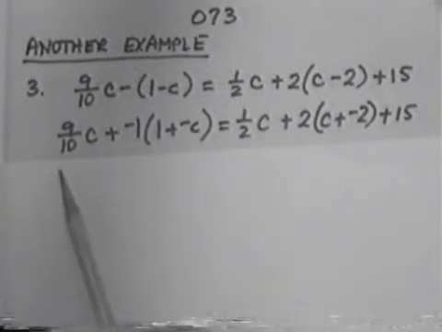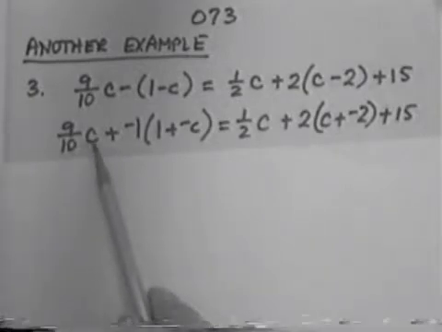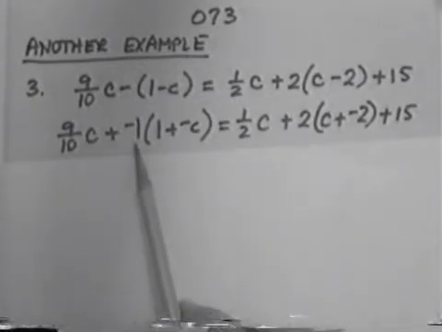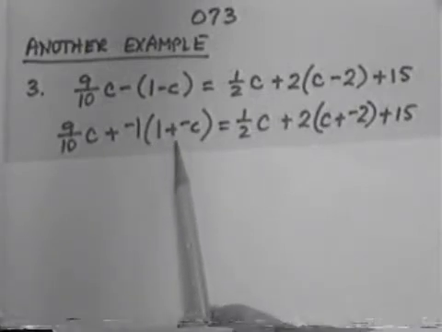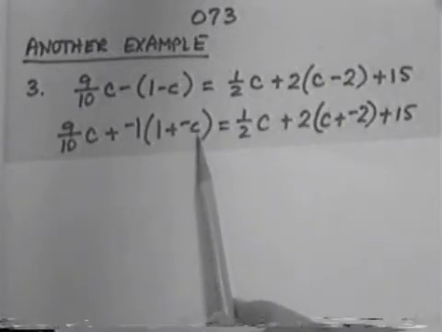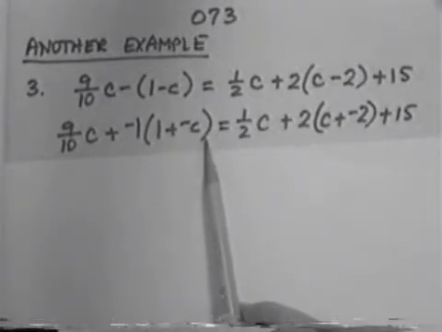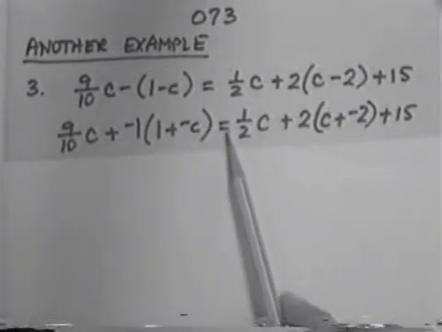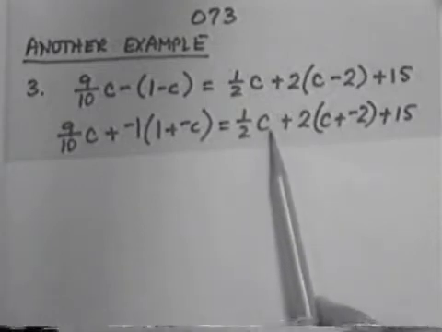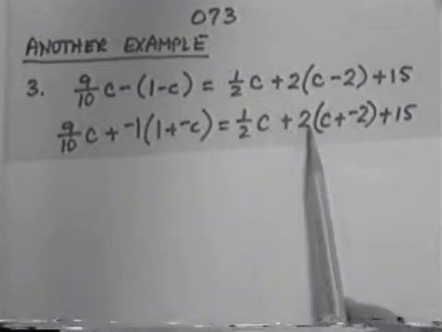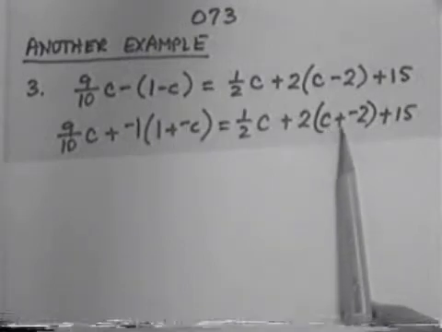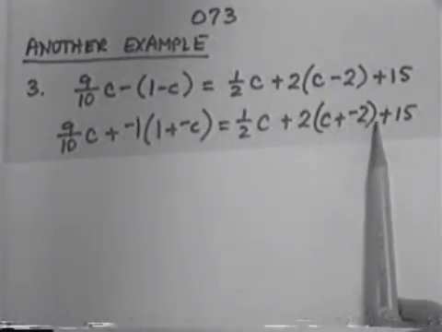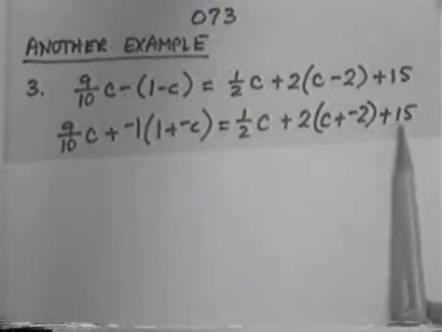So we get 9/10 C plus -1 times, in parentheses, 1 plus the opposite of C, close the parentheses, equals 1/2 C plus 2 times, in parentheses, C plus -2, close the parentheses, plus 15.